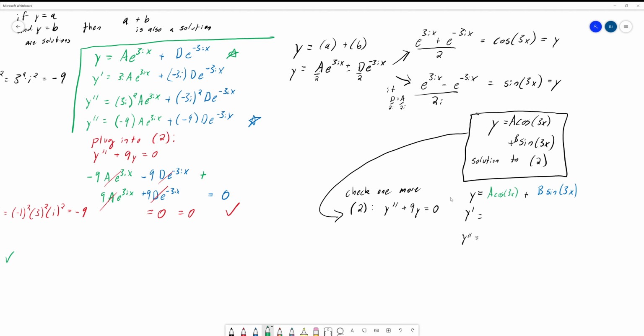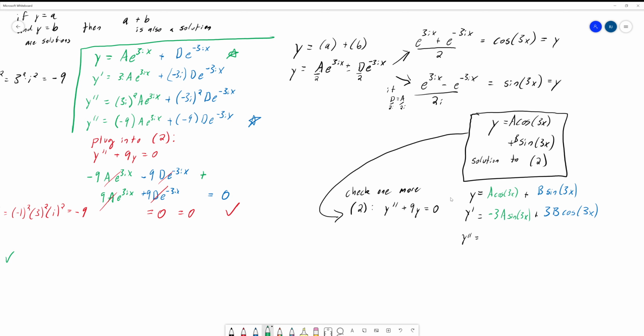Well, the derivative of cosine is going to be minus 3a sine of 3x, and the derivative of sine is a little bit nicer than cosine because you don't have the minus sign, it's going to be 3b cosine 3x. And to get the second derivative, we just do the same thing again.